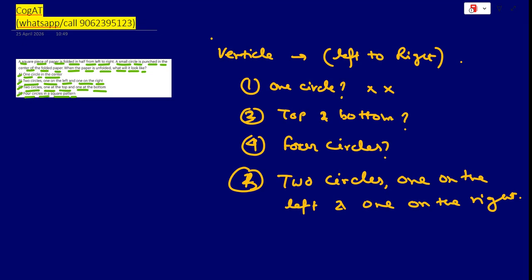Okay, so I'm giving you a pro tip. If I talk about the axis of symmetry, in spatial reasoning, the fold line is your axis of symmetry.